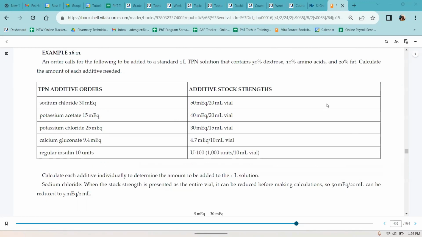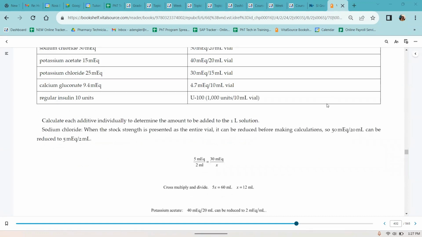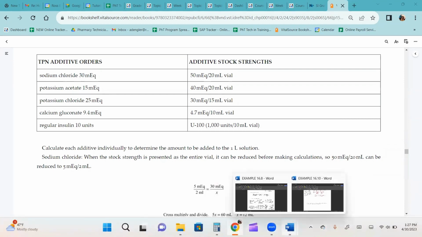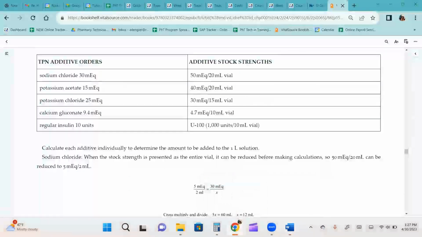Example 16.11, an order calls for the following to be added to a standard 1 liter TPN solution that contains 50% dextrose, 10% amino acids, and 20% fat. Calculate the amount of each additive needed. So essentially what we're doing is we're taking the strengths of the medications for each one.